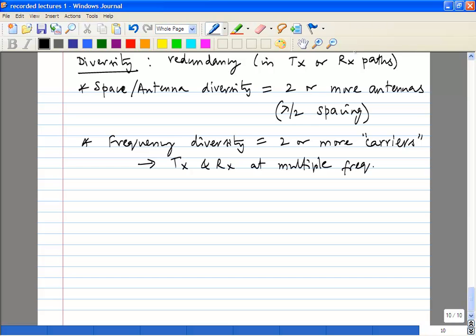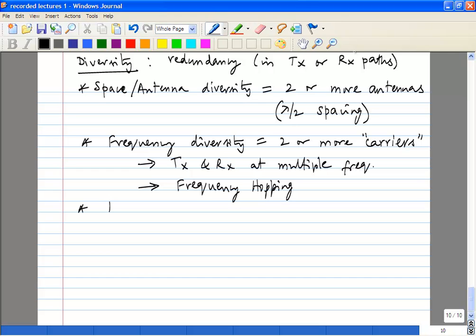That is one option. The other option, which may technically not come under frequency diversity, is frequency hopping. That is, at every transmission you could change your transmission and receive frequencies, so that the probability of having fading at both frequencies will be very little.